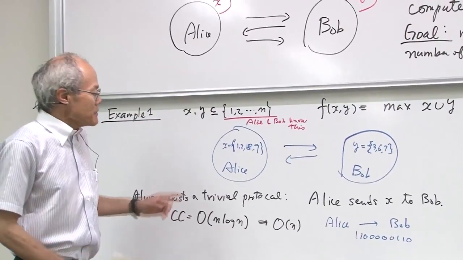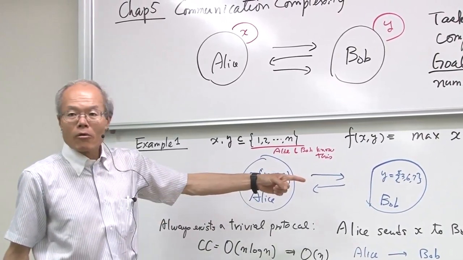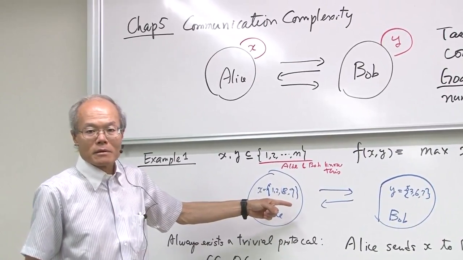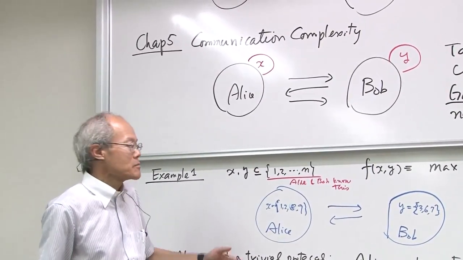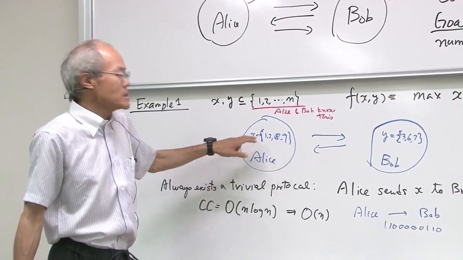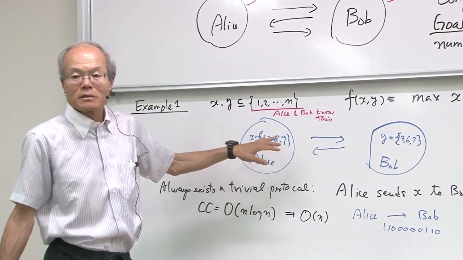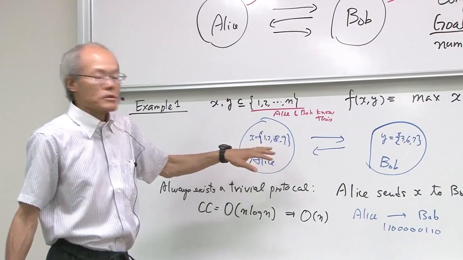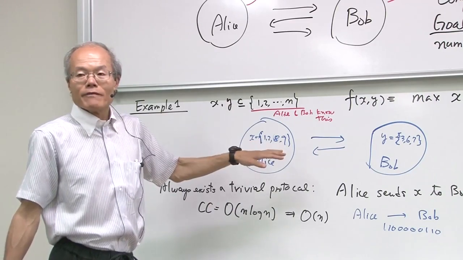But if Alice sends just 5, then Bob doesn't know how many numbers she has. It's completely different. Alice may have only 1 and 9, or Alice may have these 4 numbers. There are many, many different cases. And Bob does need to know the number of numbers.